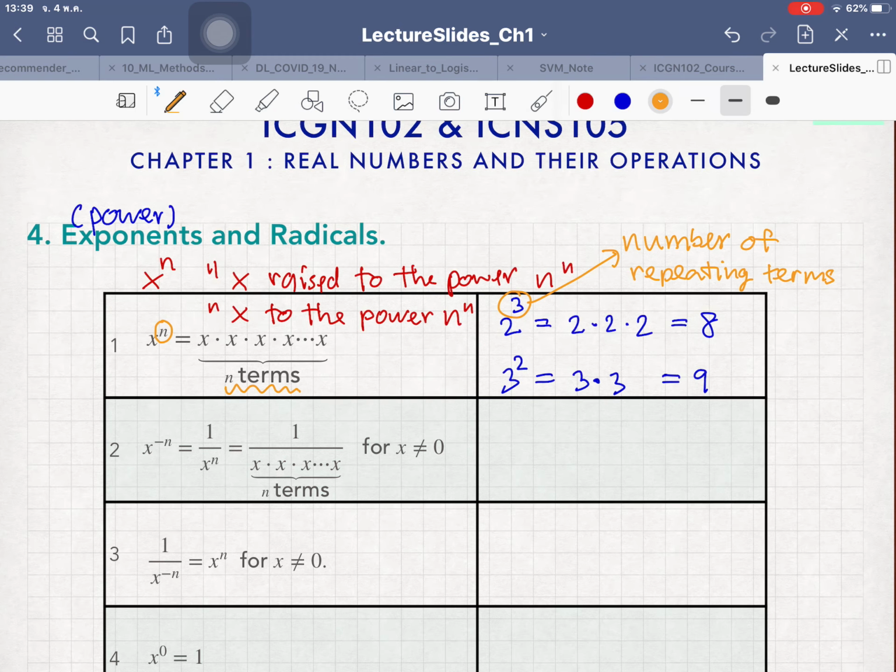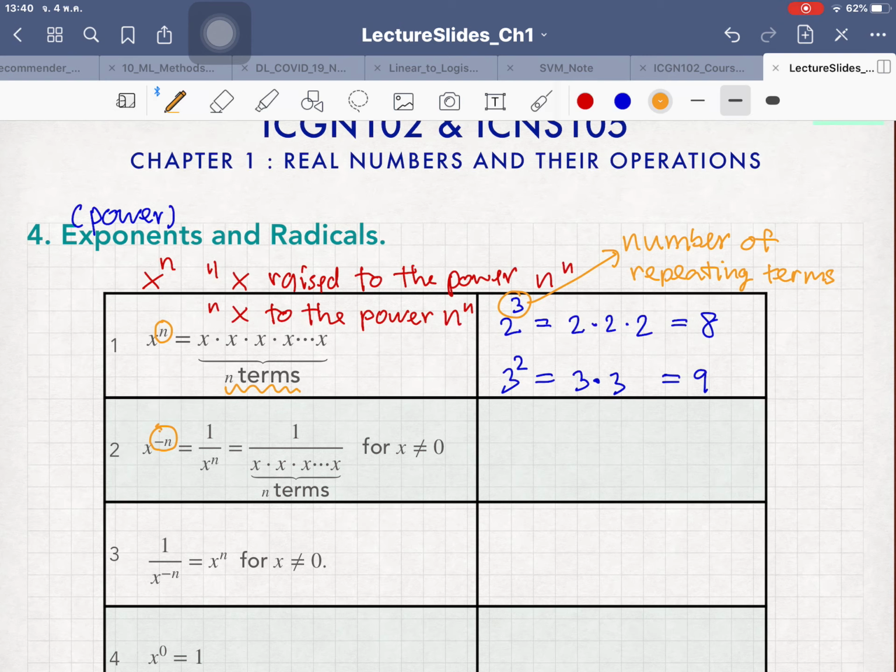But how about if the power is a negative number, or when the exponent is a negative number? It's going to be this case. Now you can have x to the power minus n. Whenever you see the negative power or the negative exponent, you have to know that this will give you the reciprocal.